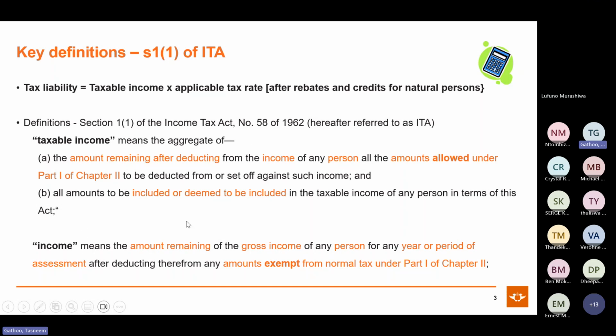Then we started looking at, as the crux of this unit, even though this unit is called gross income, special inclusions, and exempt income, ultimately those three concepts put together give us income as defined. So what does income mean? It's the amount remaining of the gross income after deducting amounts exempt.